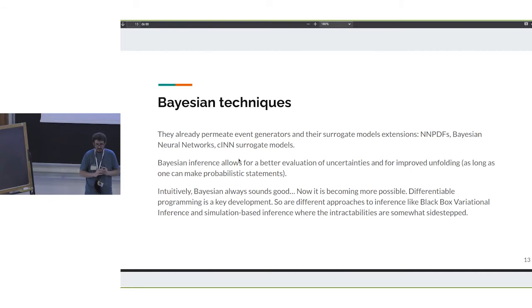And also a lot of inference methods like black box variational inference and simulation-based inference, where the intractabilities that are usually associated with this Bayesian framework can be sidestepped to some degree, and it becomes feasible to incorporate it into some standard model analysis or some collider analysis.